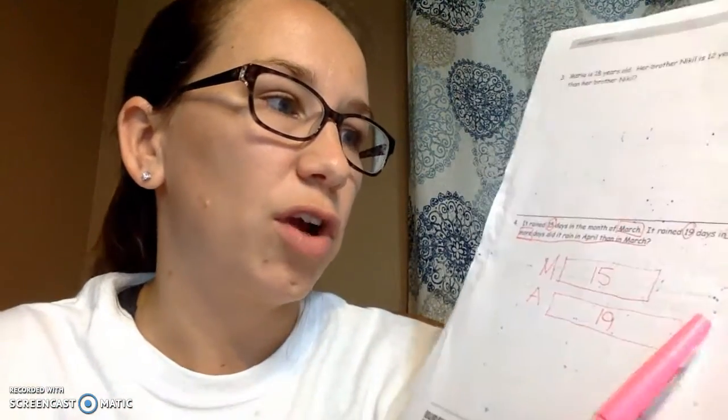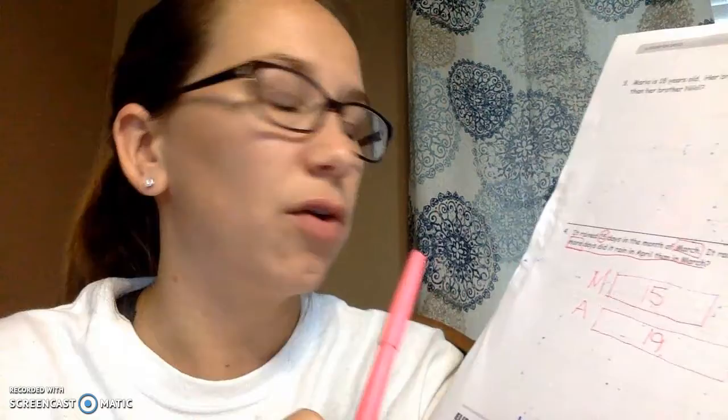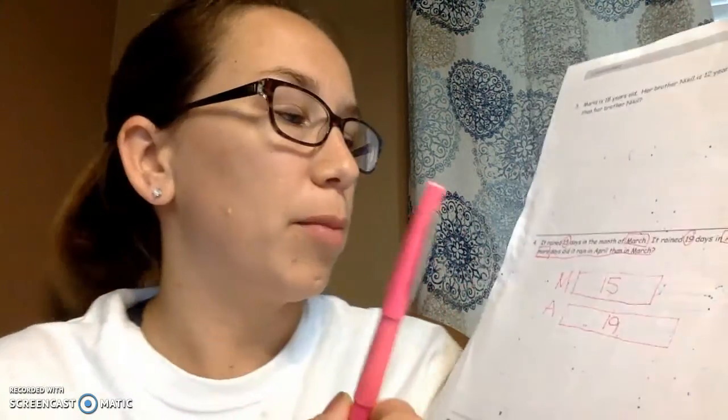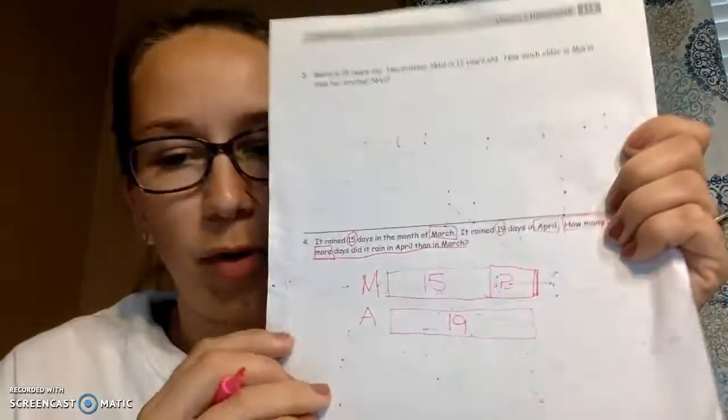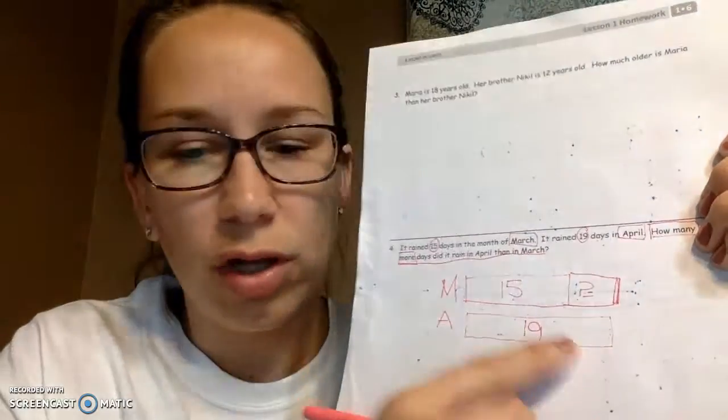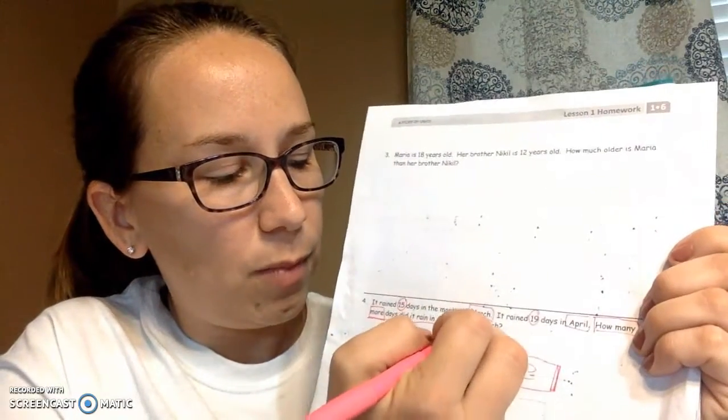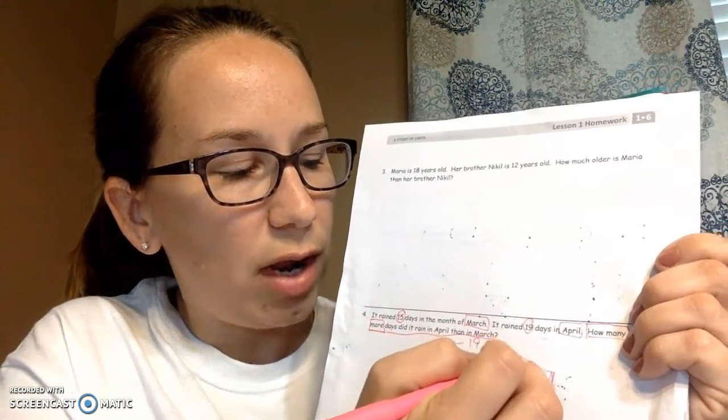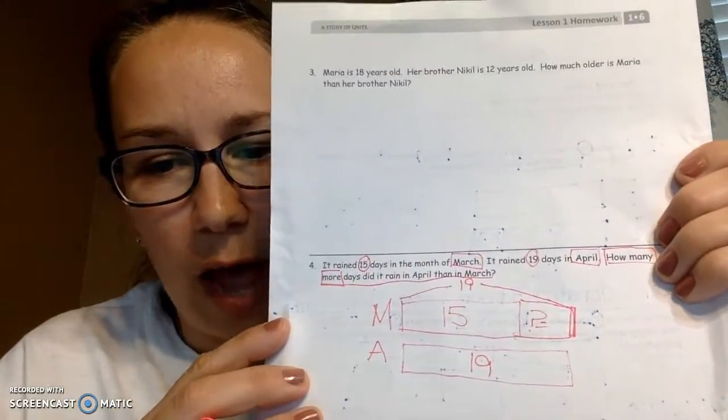The next step is figuring out and answering the question, how many more days did it rain in April than in March? So I have to figure out, what is this mystery number this part represents that would equal the 19? Remember, I frame it out to where it almost looks like a house, like the roof.